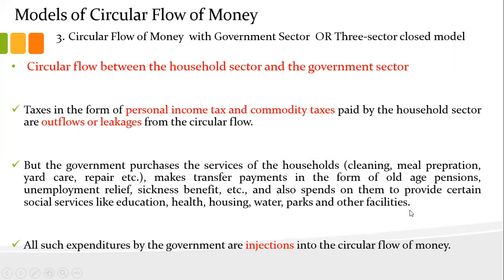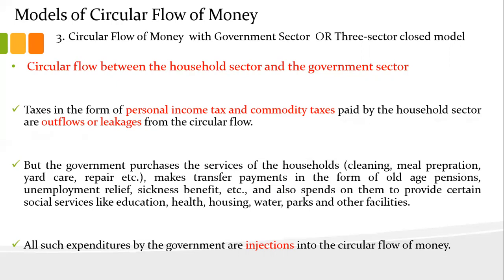All such expenditure which the government does is called injections, because they are supplying money to the household sector. And leakages means if they are taking something from household sector, which is reducing their consumption power as well as their savings.